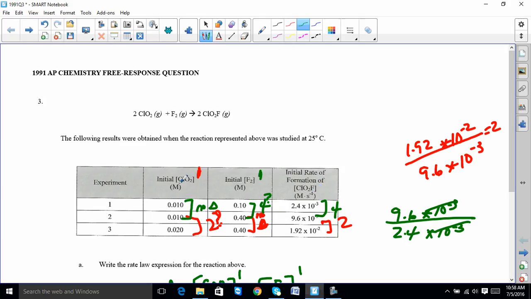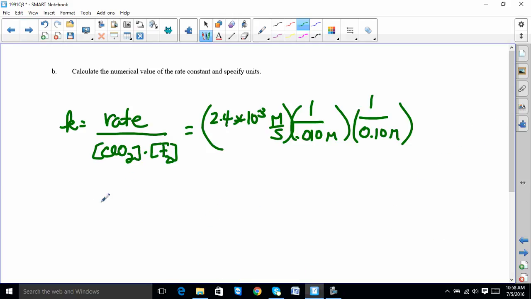You can see that chlorine dioxide is 0.01 and fluorine is 0.1. If you put this in a calculator, you end up with 2.4 as the numerical value. This cancels this, and then this is molarity times second. And so that's k, with units.